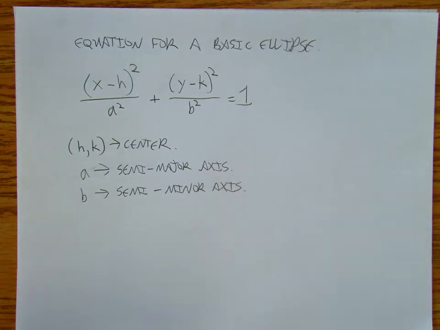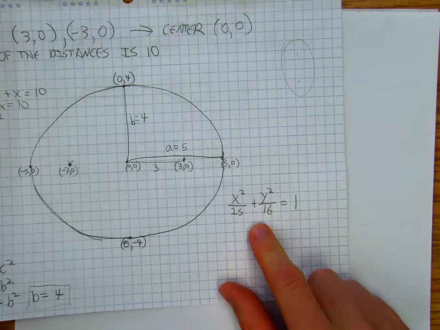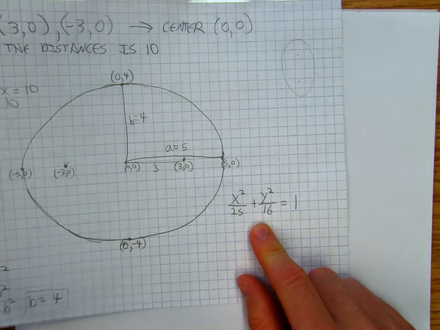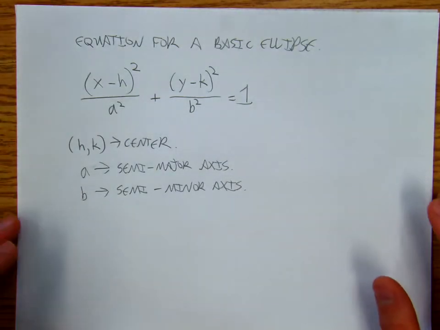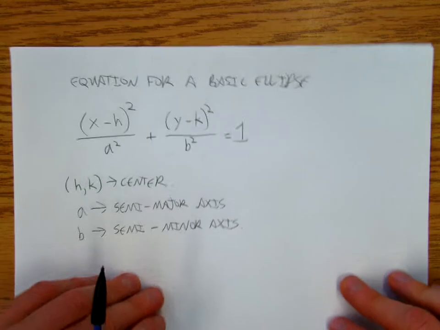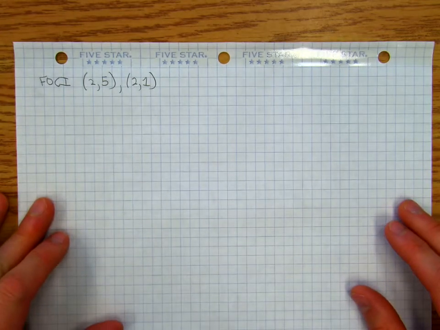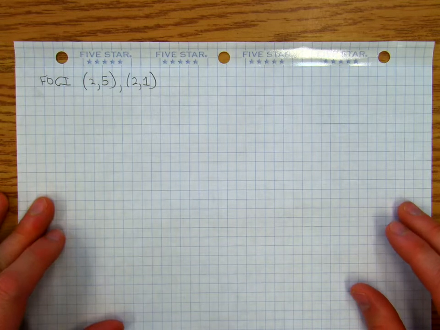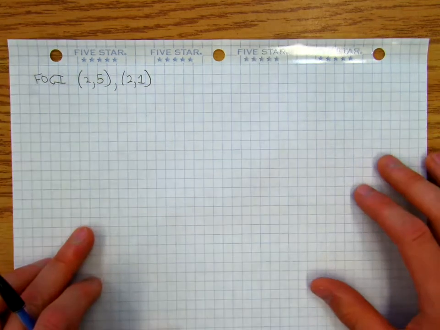Okay, because I just sort of threw that out in the last segment. I'm assuming you're an advanced student, but you might be starting this without a lot of background knowledge. So I've got foci now. My foci are at (2, 5) and at (2, 1).